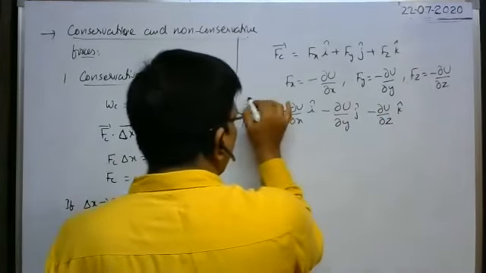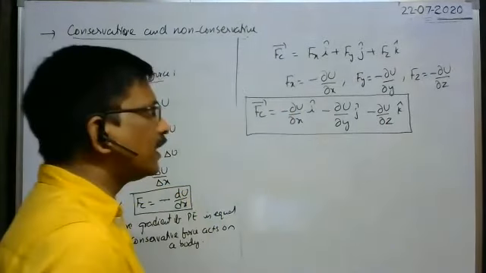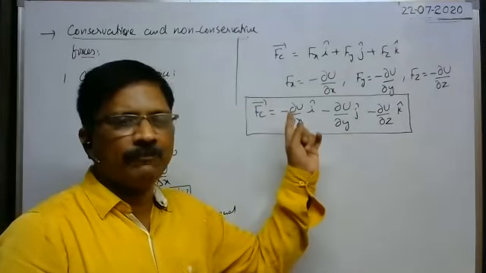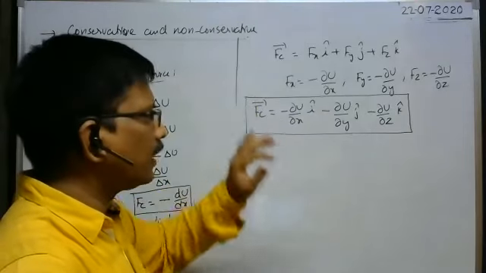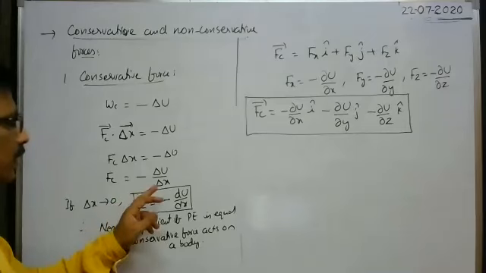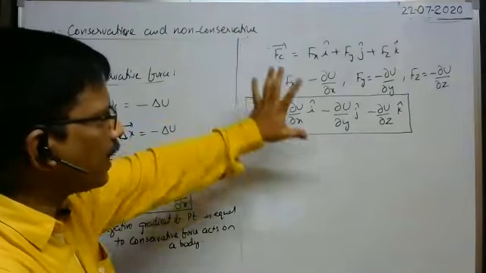It's a very, very important formula. The conservative force acting on a body can be represented like this. If we know the potential energy of a body, then by differentiating it, we can find the conservative force acting on the body, because the conservative force is the negative gradient of potential energy. By using this concept, we can write the conservative force like this.